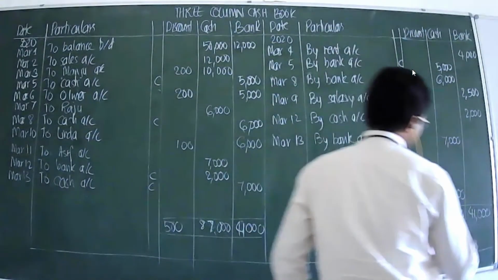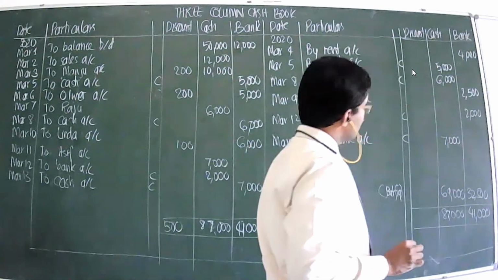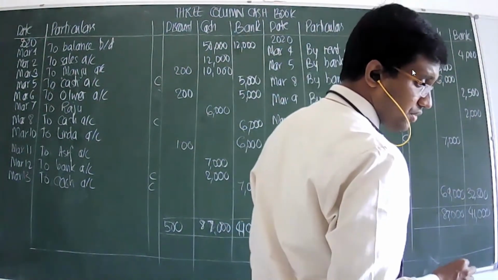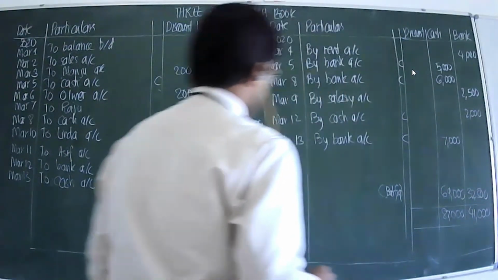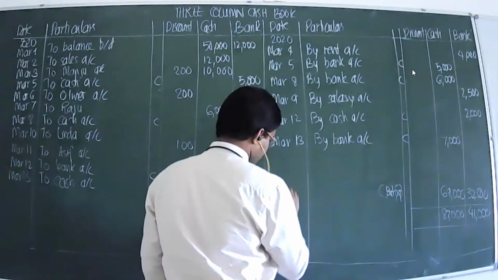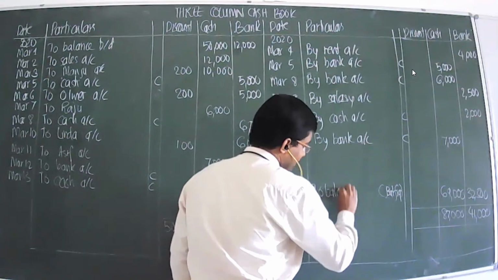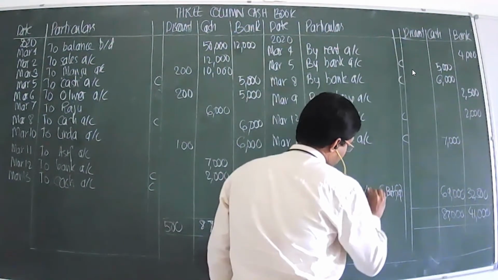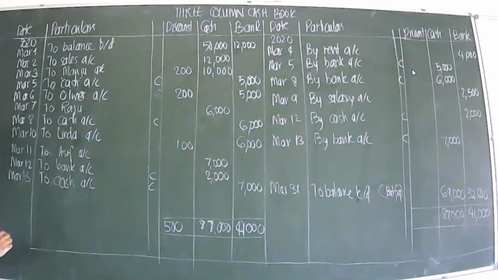So here the balancing figure is 32,500. Okay, so let's enter this. This is March 31st, to balance carried down. Okay, these are the balancing figures.